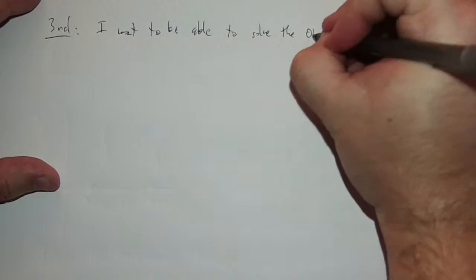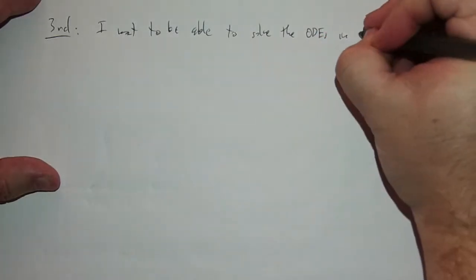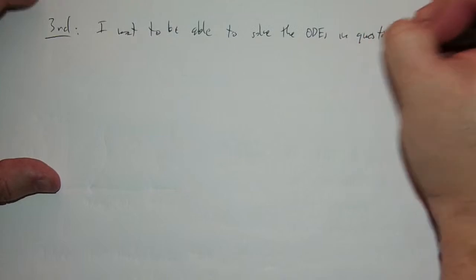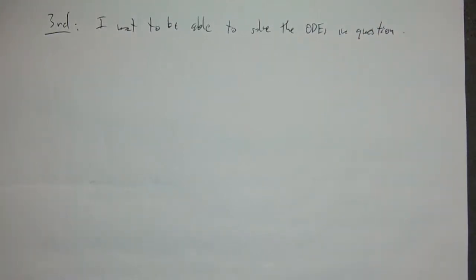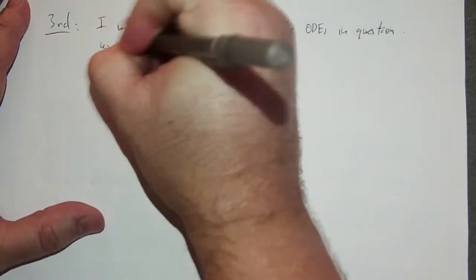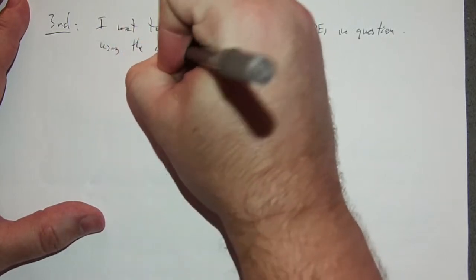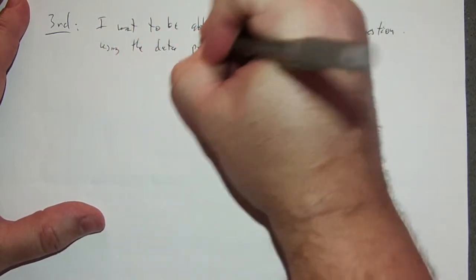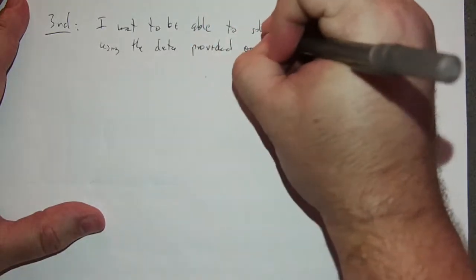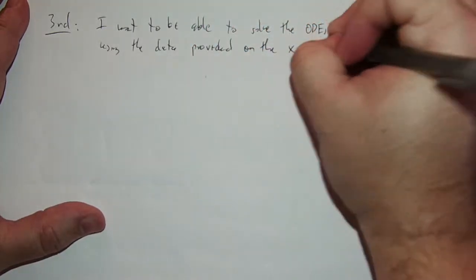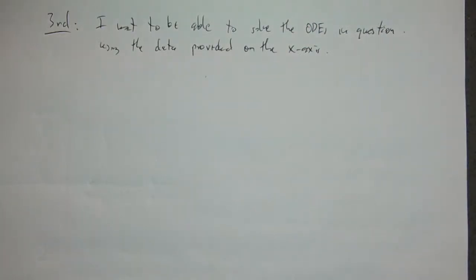Okay, that seems like a reasonable request, right? Of course, this is using the data provided on the x-axis. Again, doesn't need to be the x-axis, just needs to be some subset of the closure of our domain.